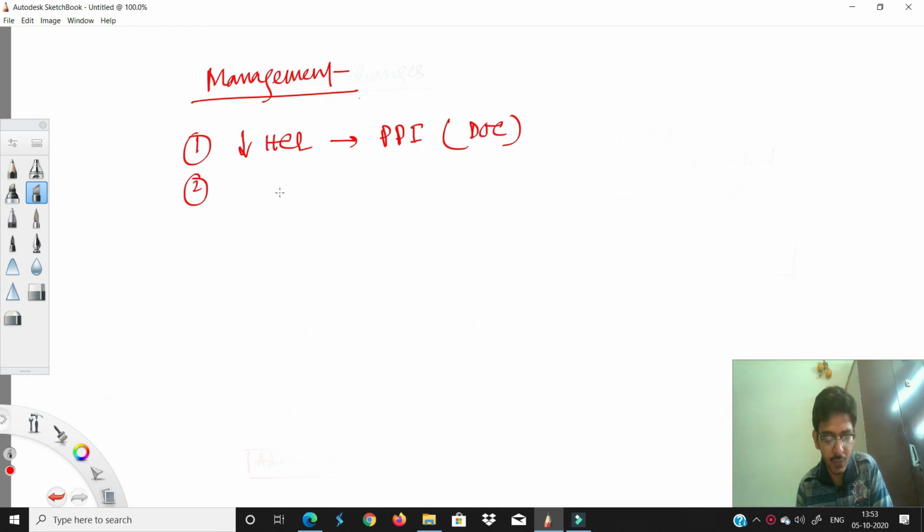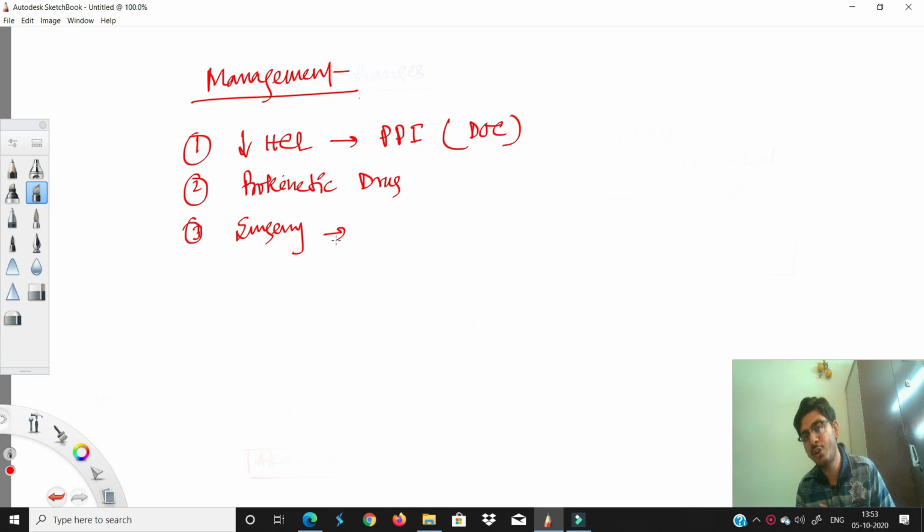Second, prokinetic drug, to control gastric motility or gastric peristaltic movement. Third, surgery. If not controlled by the above two drugs, then you should go for surgery. What kind of surgery? That is fundoplication.